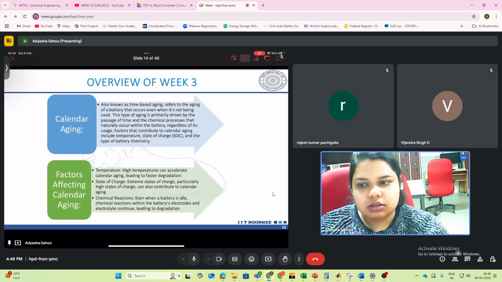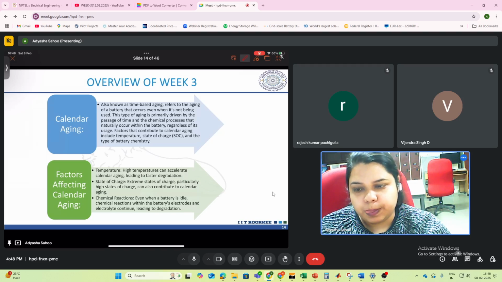And the various factors that impact calendar aging are, first, temperature, because we know that there are some reactions where temperature will act as a catalyst. It means at higher temperature, the chemical reactions will be faster, and hence they will facilitate faster aging of the storage. Then state of charge.